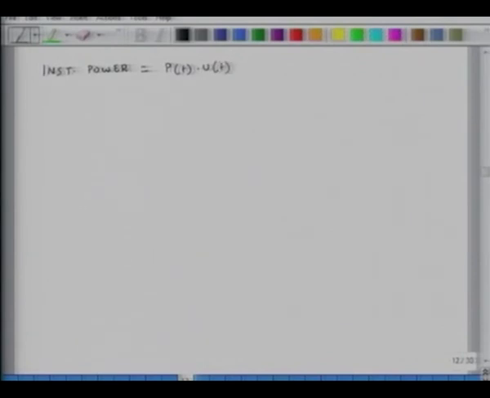And then in some of the earlier lectures we had developed this relation such that this is equal to half times P times U star plus half times the real component of P U e^(2jωt).